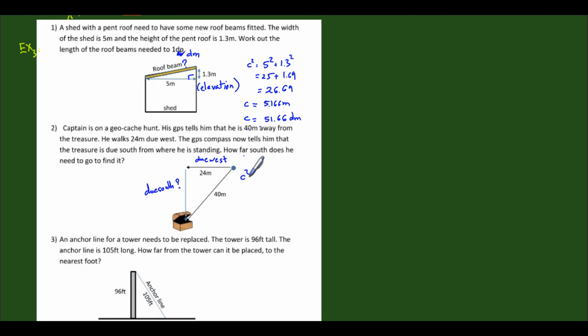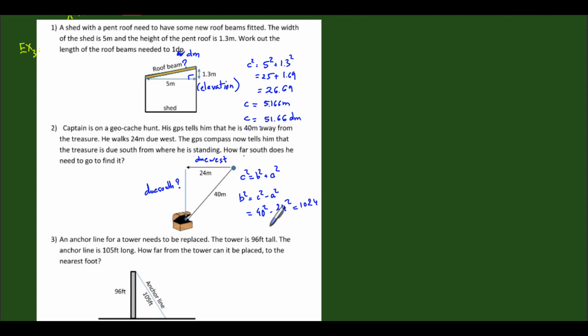So c squared equals b squared plus a squared, right? So the longer leg is b squared equals c squared minus a squared, which is 40 squared minus 24 squared. 40 squared minus 24 squared gives you 1024.